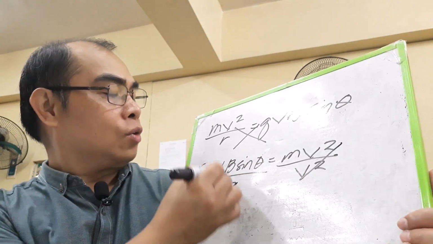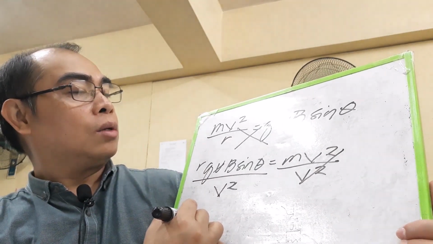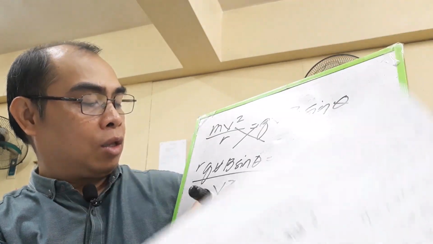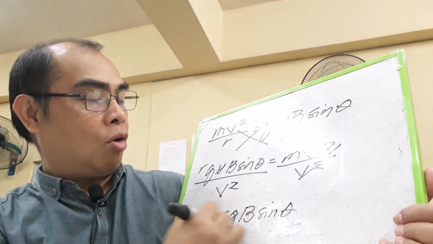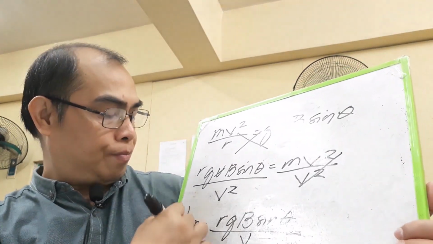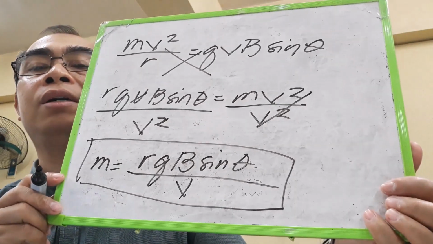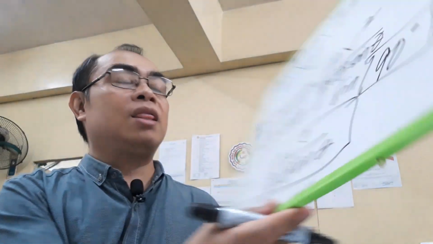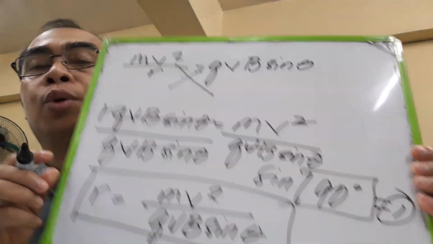Cancel this. So v cancels here. So mass is equal to r q b sine theta over v. So this is our equation in solving the mass, and this is our equation in solving the radius.